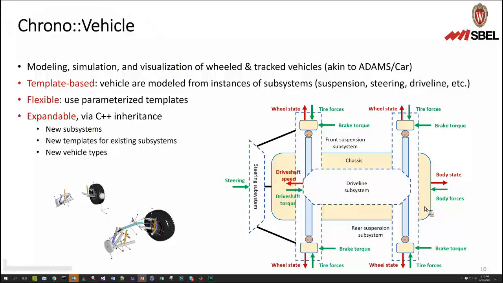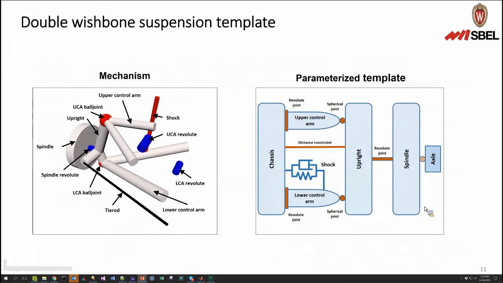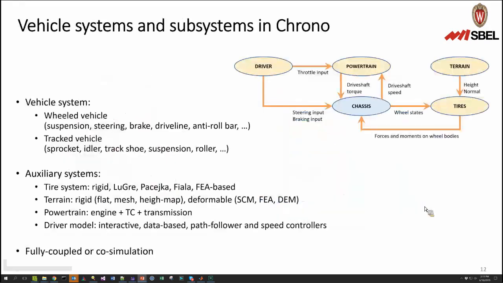Here is an example on slide 11 of a double wishbone suspension template, and I'm not going to get into details, but it has all the components that you'd expect to encounter in a vehicle model with a double wishbone suspension. There are hard points that you can move around. There's an option to mirror one suspension to the other side of the vehicle, and so on.